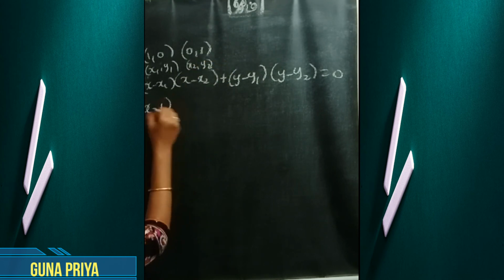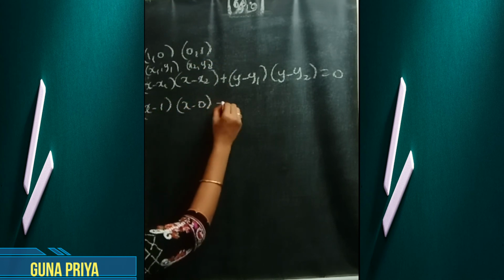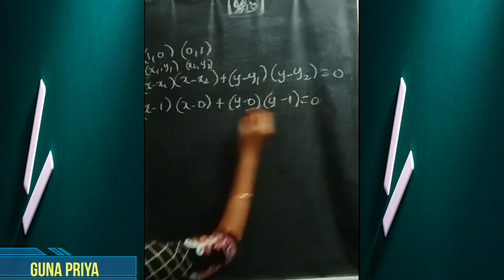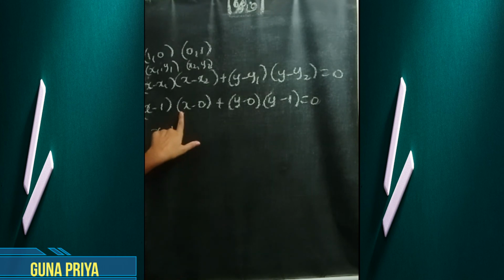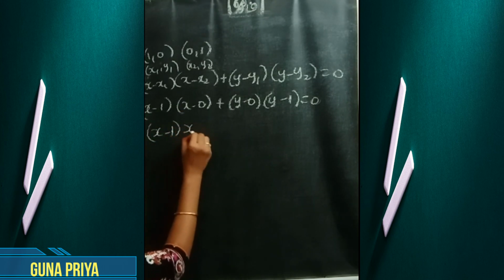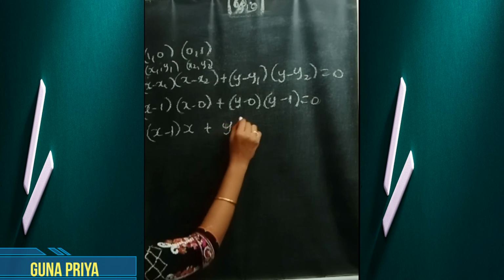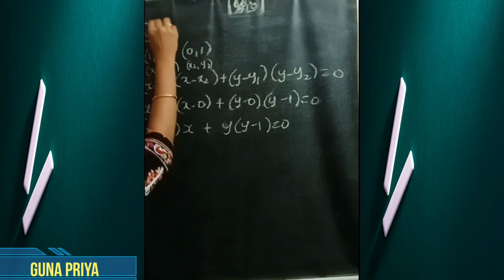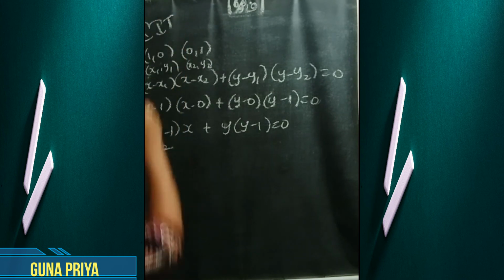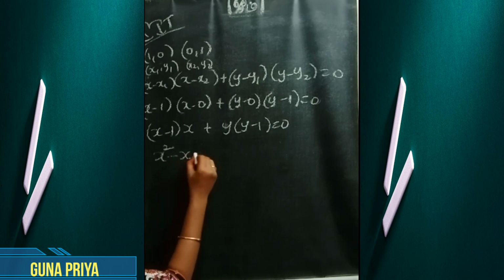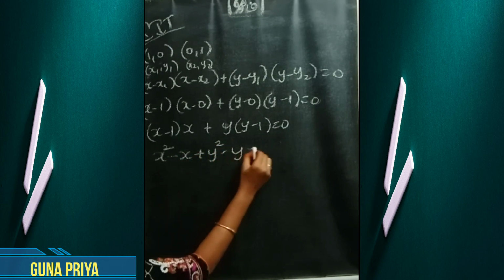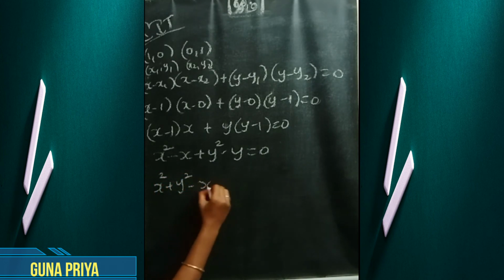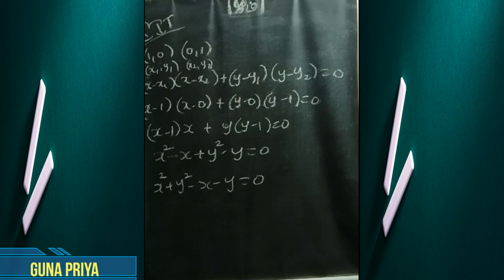That means (x minus 1)(x minus 0) plus (y minus 0)(y minus 1) equals 0. Here x minus 0 will become x, so we get x squared minus x plus y squared minus y equals 0. So, x squared plus y squared minus x minus y equals 0.